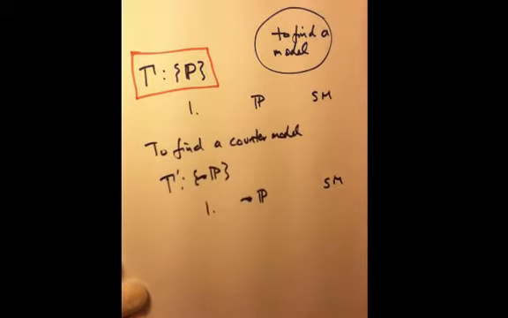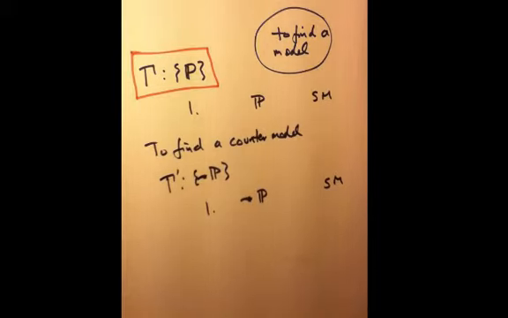And if this tree does not close, then there will exist an interpretation on which tilde P is true, and hence there will exist an interpretation on which the original sentence is false.